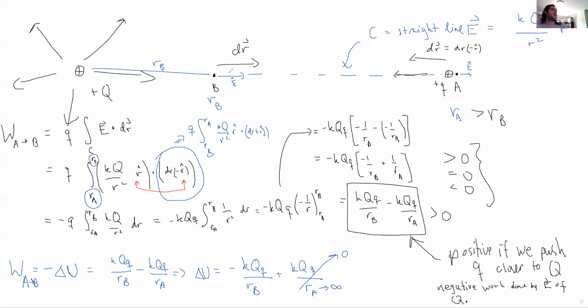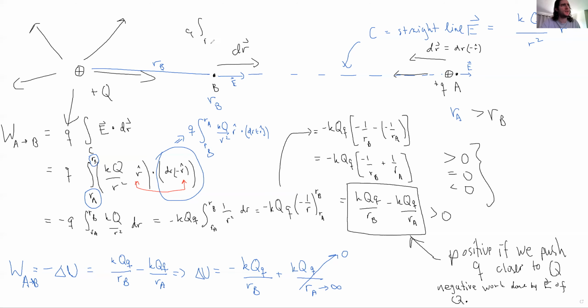So from r_b to r_a, dr and the electric field are in the same direction. And then I can just put a minus sign in front if I want to go the other way, because the answer will be related by a minus sign. So in this case, it would be q integral from r_b to r_a.